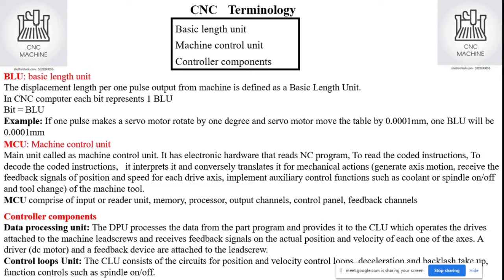Now you are aware of the auxiliary control functions available with computer numerical control machines. Yes, there is coolant on/off, spindle on/off, and how we change the tool. We prioritize the things: coolant on/off and machine spindle rotation on/off. Second, the tool changer.